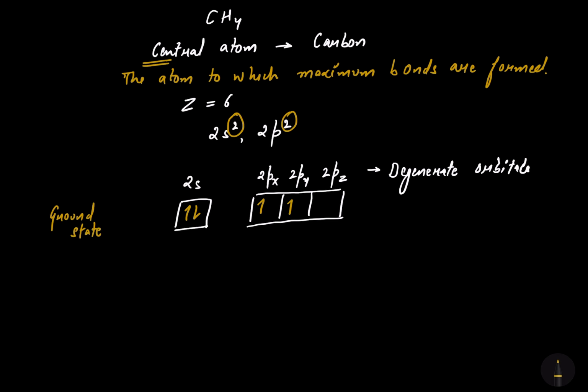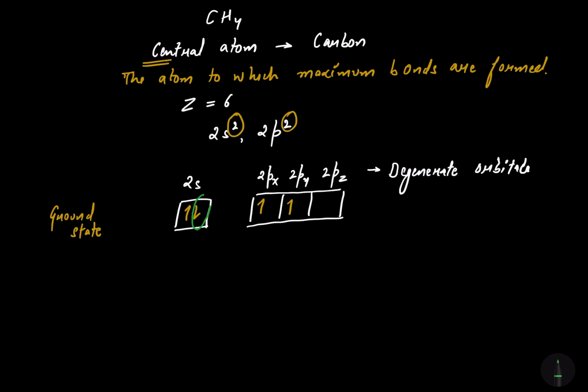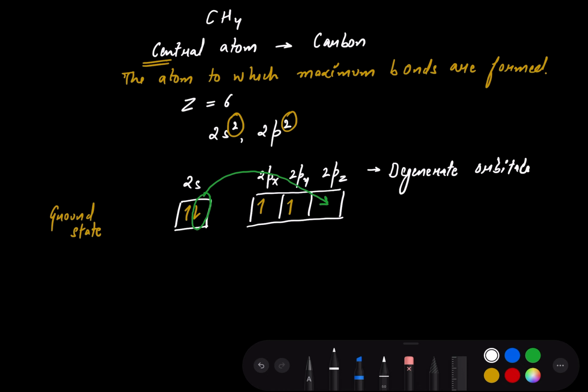To make 4 bonds, we need 1 electron each in all the 4 orbitals. Only then will carbon make 4 bonds. So for that, we are going to jump this electron from 2s to 2pz. The electron from the 2s orbital is promoted to the 2pz orbital. That will be called the excited state. Let me draw that again.